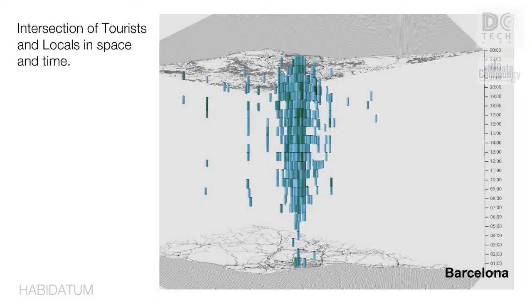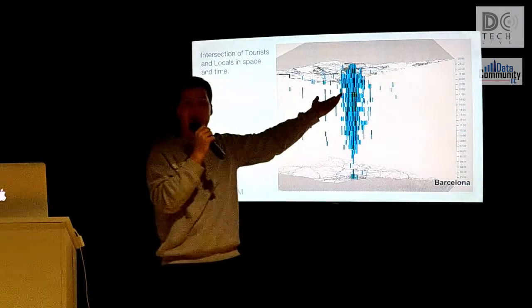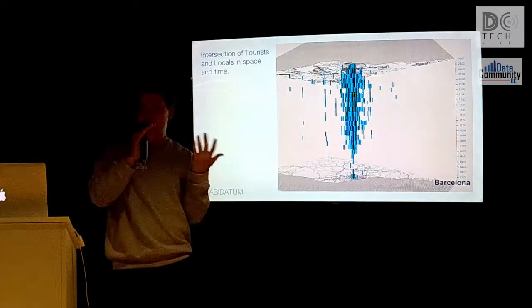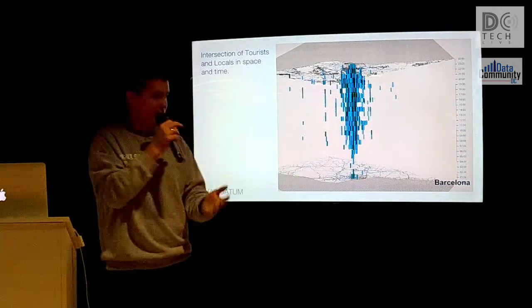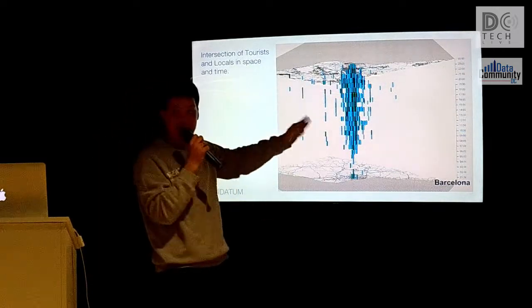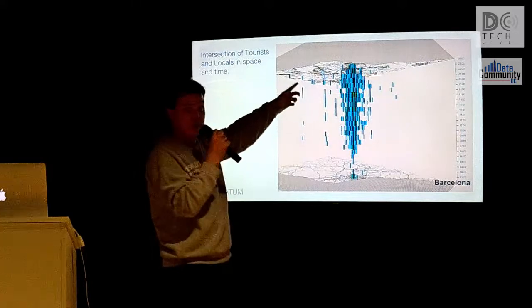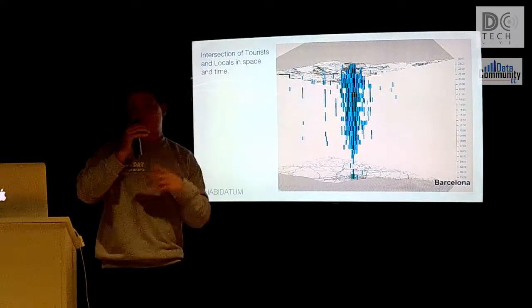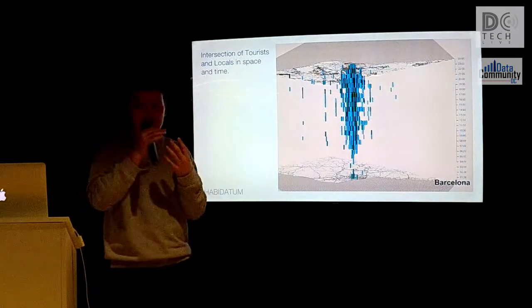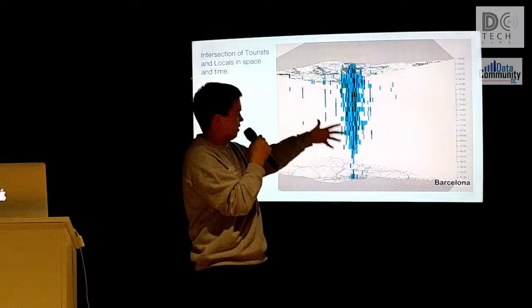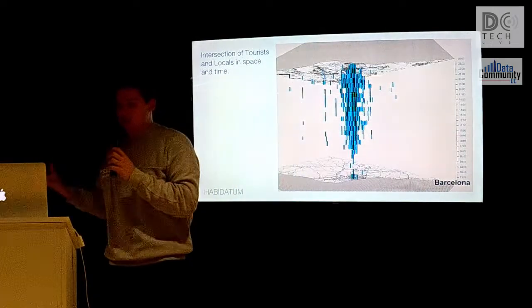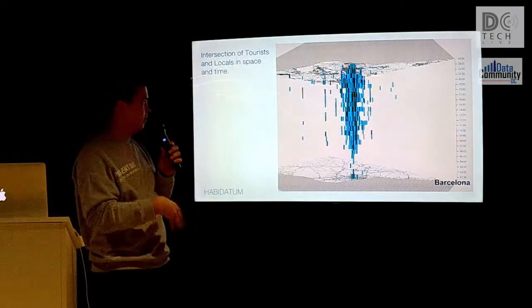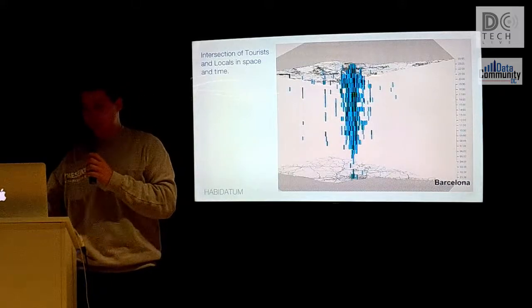If you look just at the static map, you see, okay, here we have 100 people, and here we also have like 100. Pretty similar locations if you just look at space, but if you look at space-time, they're totally different. This is just a burst. Maybe there was an event which both locals and tourists visited, and here is just a constant downtown center, which is always bursting with locals and tourists.